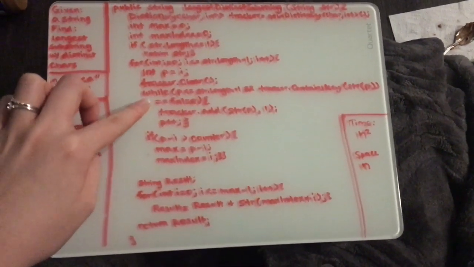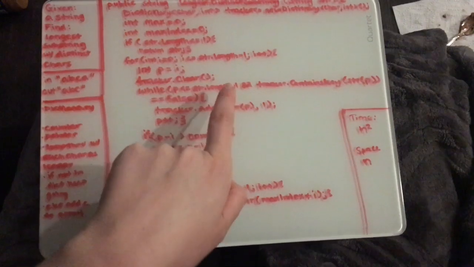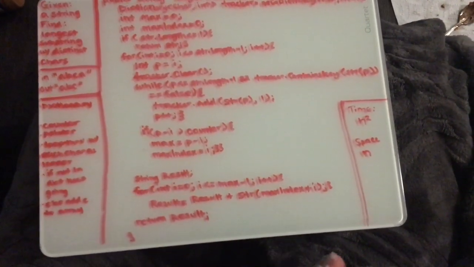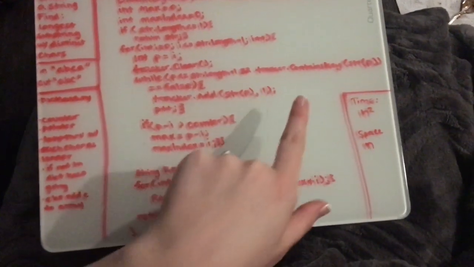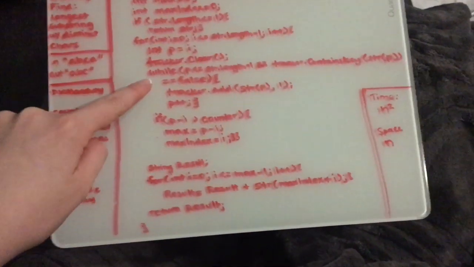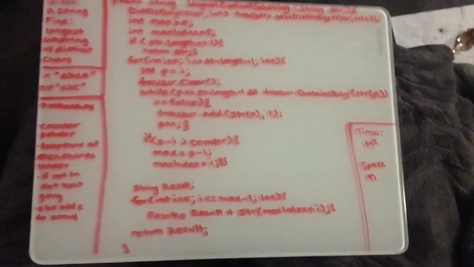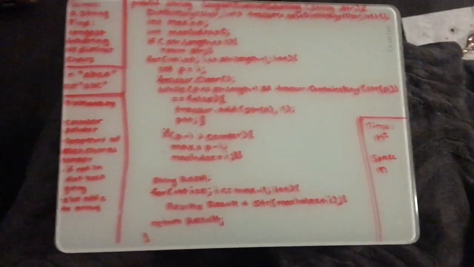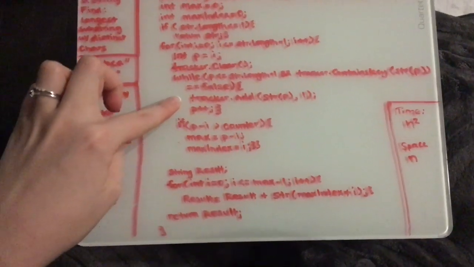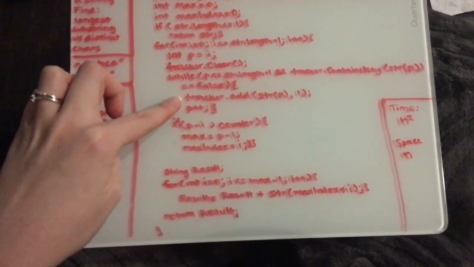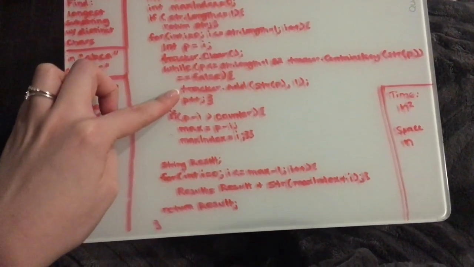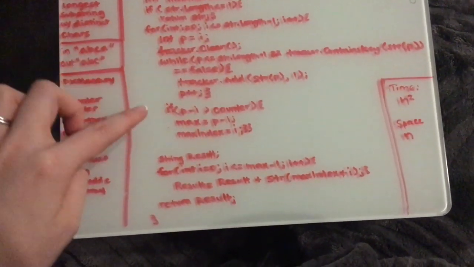We have another loop while P is less than the length, so the pointer is still in range, and the tracker does not contain the key, so it's equal to false, because as soon as it contains the key, we will break out of that loop. As long as it's false, we're going to add it to the dictionary, and we'll increase our pointer.